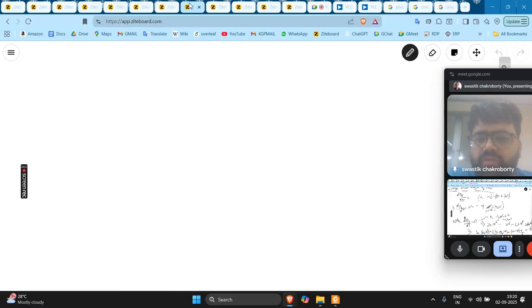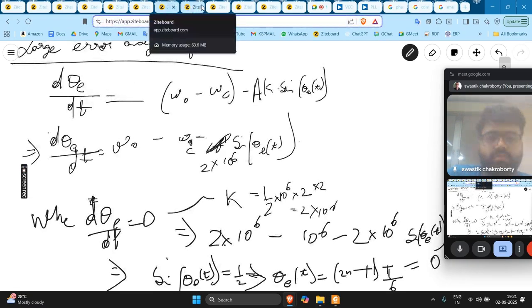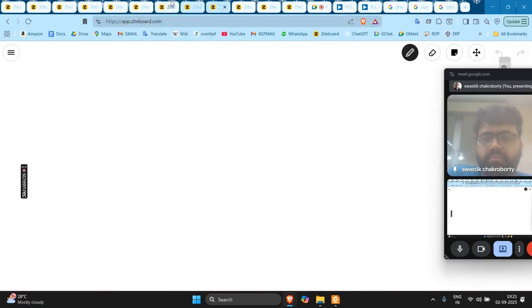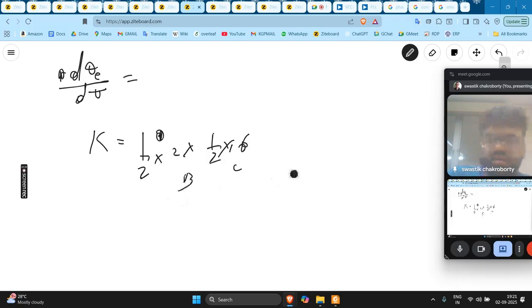So we repeat the calculation, but K is this time half into 2 into half into 10 to the 6. This is c, this is b, and this is half bc. So ultimately you have half into 10 to the power 6.